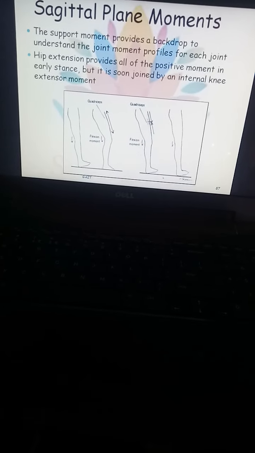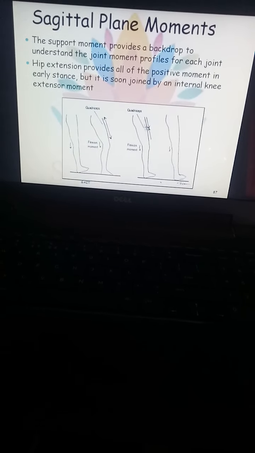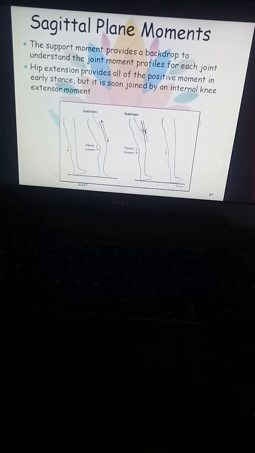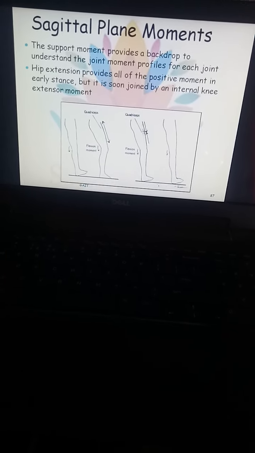So in the figure you can see that during the flexion moment, the quadriceps muscle will work concentrically in the gait. So the hip extensor muscles provide all the positive moment in the early stance phase, but soon it is joined by an internal knee extensor moment also. So this is about the sagittal plane moment.